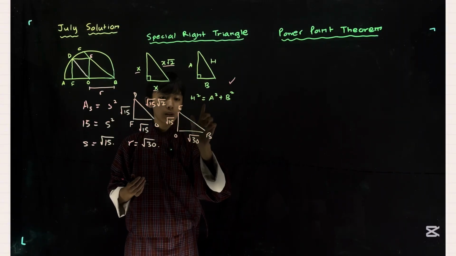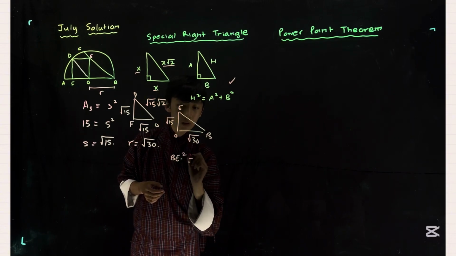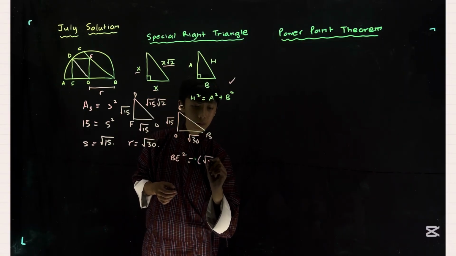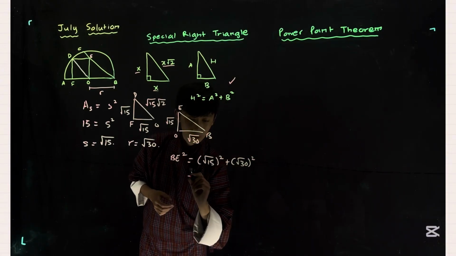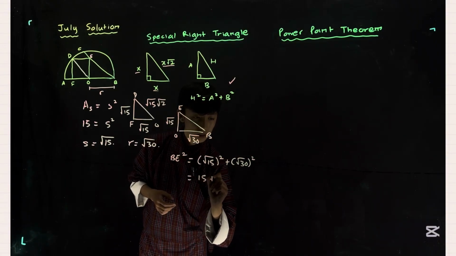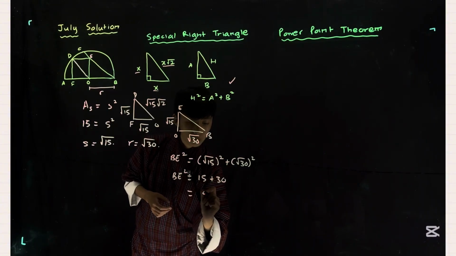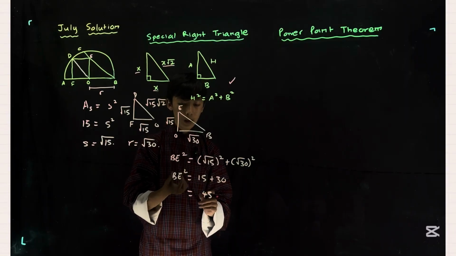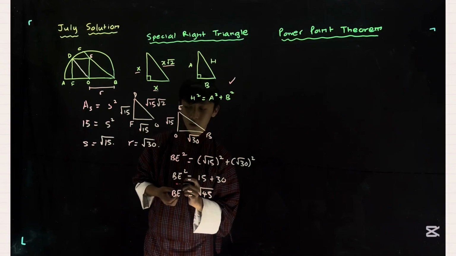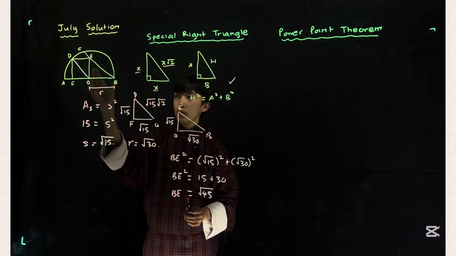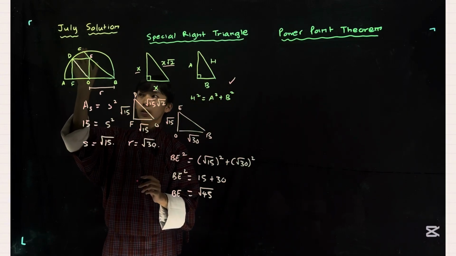So B to E squared would be equal to root 15 squared plus root 30 squared. So the square and the root cancel and we get 15 plus 30, and we know that is equal to 45. And if we square root both sides, we will get the length of BE as root of 45.